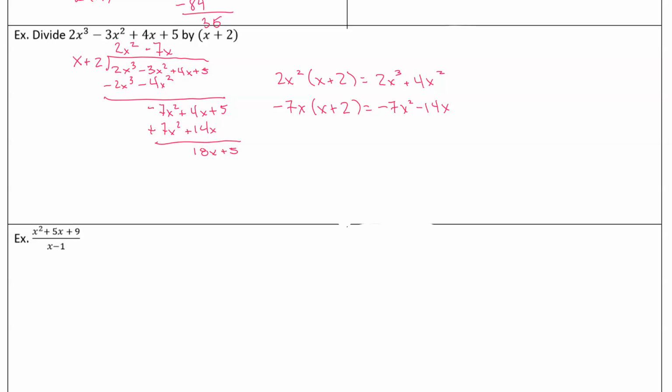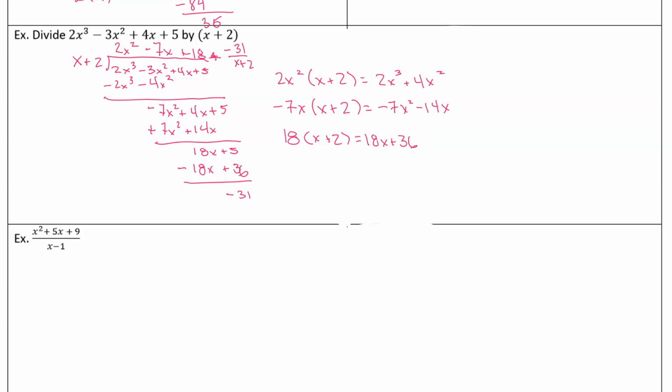And we say x times what equals 18x? Well, that would be 18, of course. When you do that, you'll get 18x plus 36, which we have to subtract. When you subtract that, you will get negative 31. So we've got a remainder of negative 31 over x plus 2.